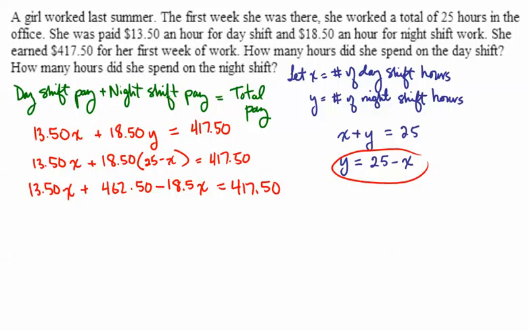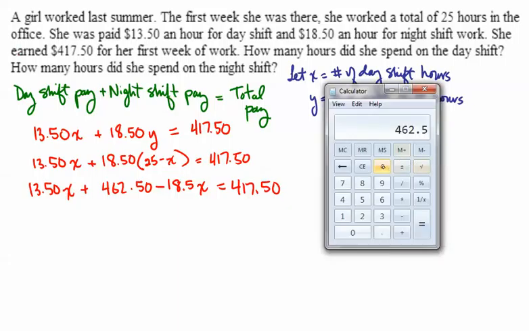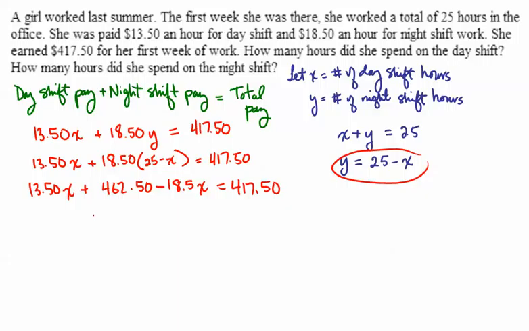Alright, I can combine like terms on the left side of the equation. I'll use my calculator again to make sure I don't make a mistake. I have 13.5 x's minus 18.5 x's, which gives me negative 5 x's. So I have negative 5x plus 462.50 is equal to 417.50.